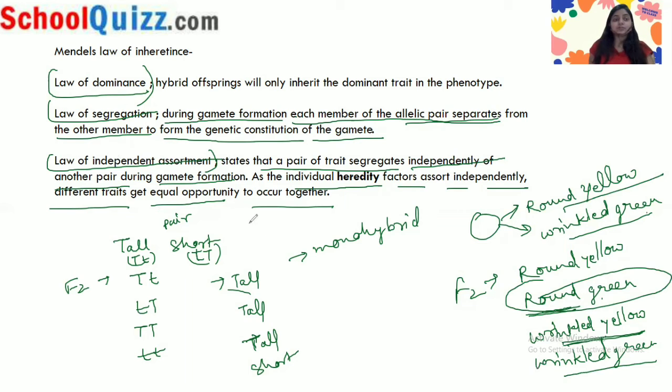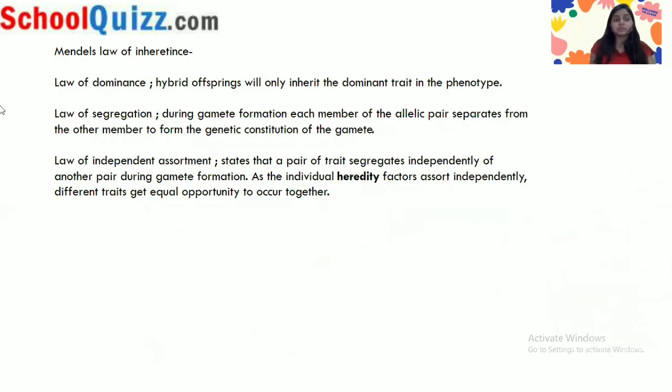I hope this is clear for you, all three laws of inheritance of Mendel. Just remember the easy tip to remember all these three laws. Firstly, the law of dominance means the dominant gene will dominate the other genes. For the law of segregation, just remember the example of the tall and short plant.